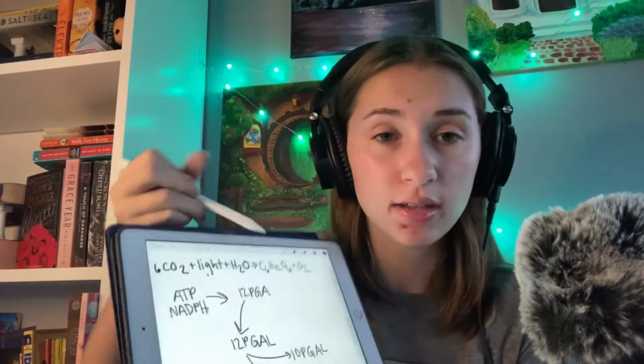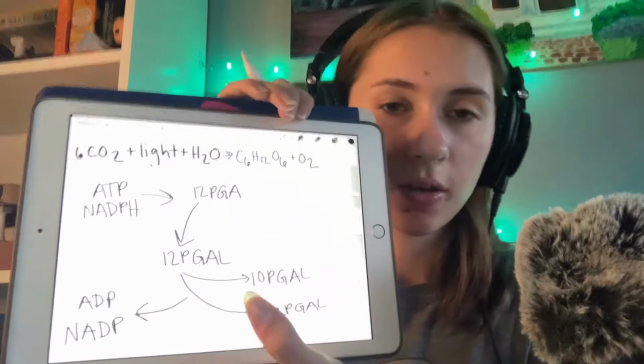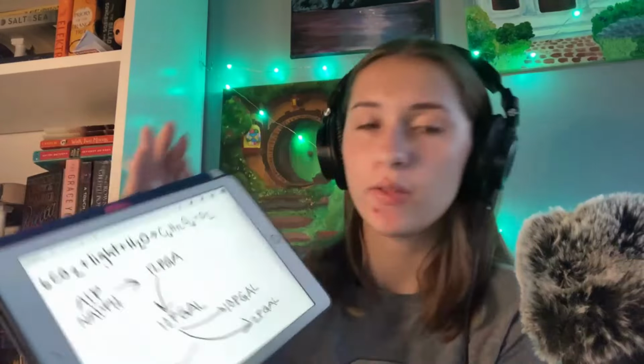And when it breaks off like this, it's going to release back ADP and NADP. So, I know, a little crazy. I'll explain it a little more in just a minute. So that 2 PGAL is actually crazy.